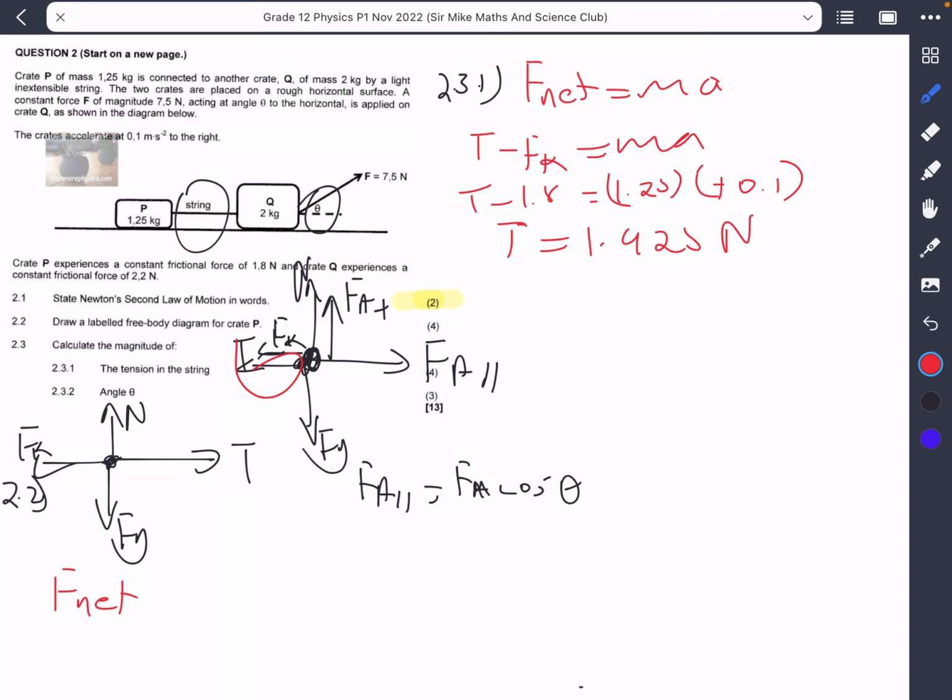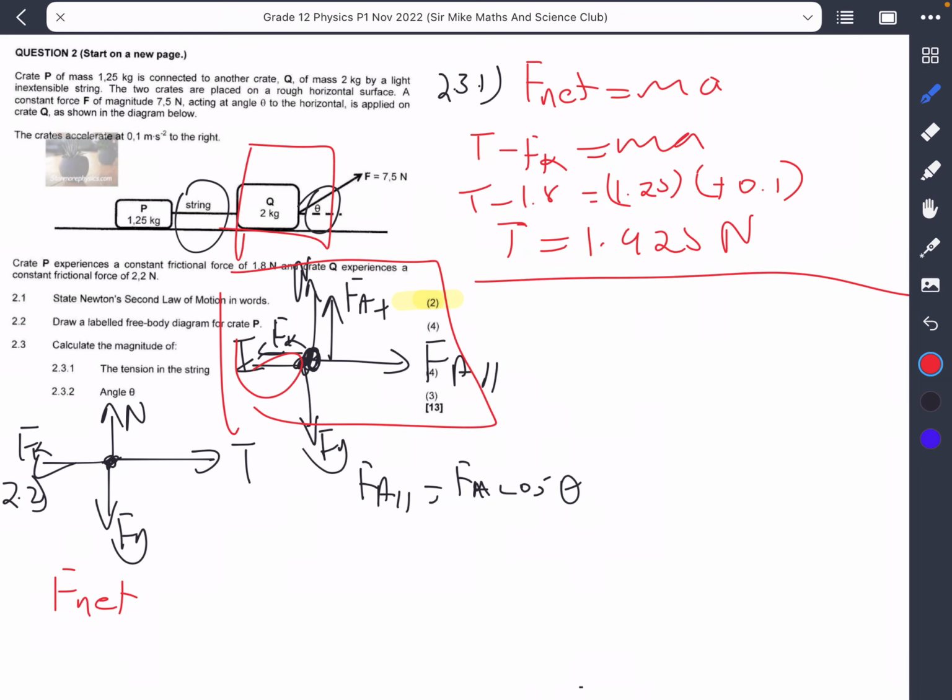So they said to calculate the angle theta. Now it's not going to be that tough. Reason being, we now have tension, right? If you were to focus on this block that we have there, we now have tension.